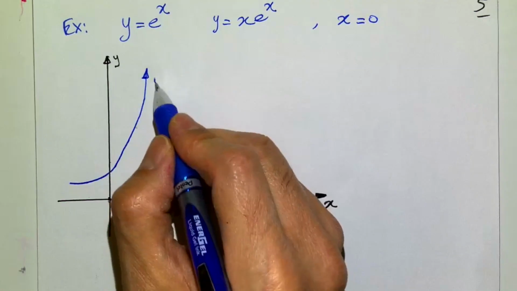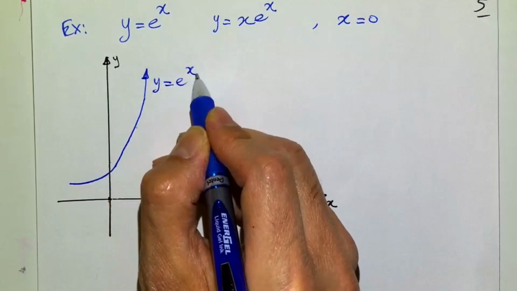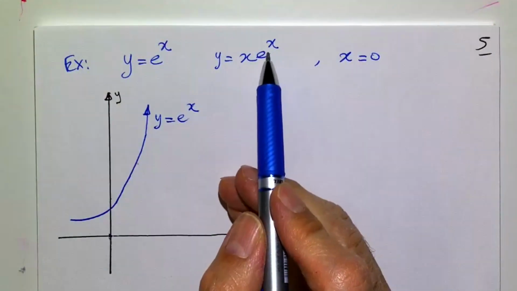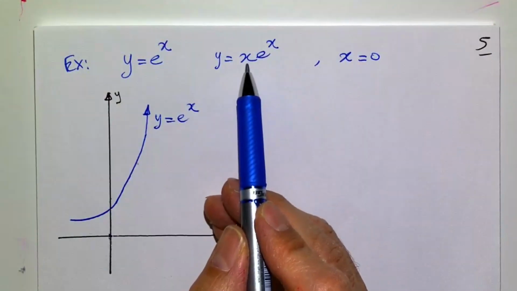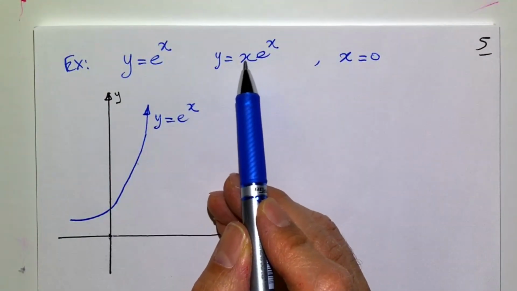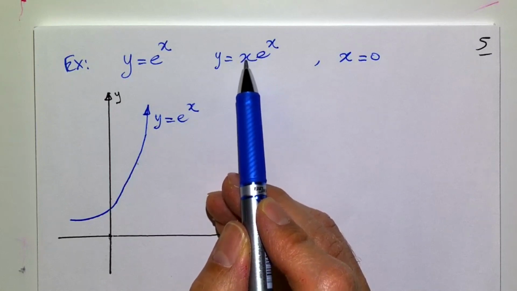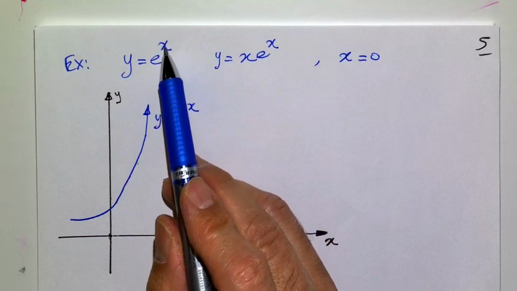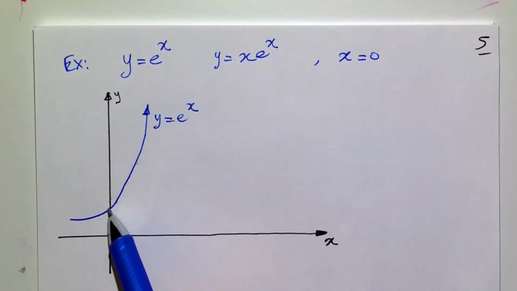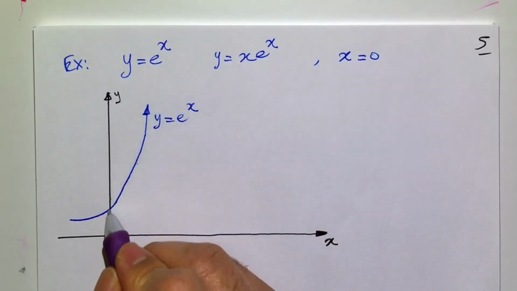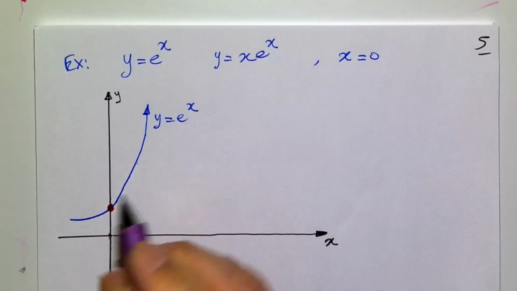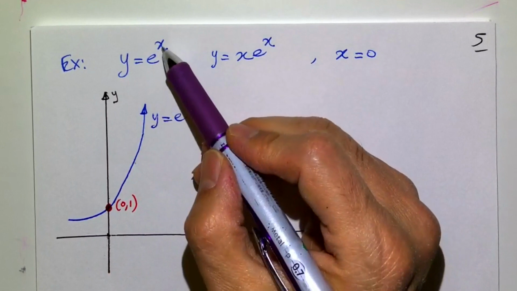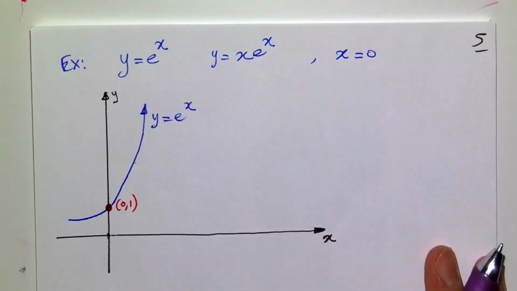So this is y equals e to the x. As a matter of fact, let's label the y-intercept: if x is 0, we get y equals 1, so that's the point (0, 1).